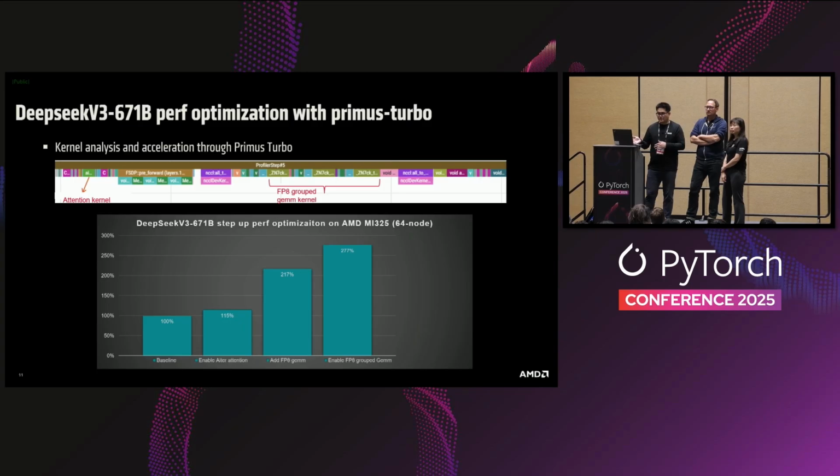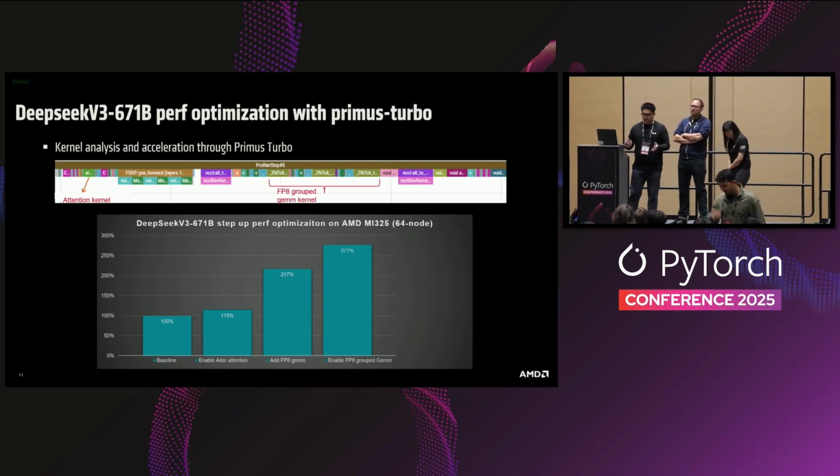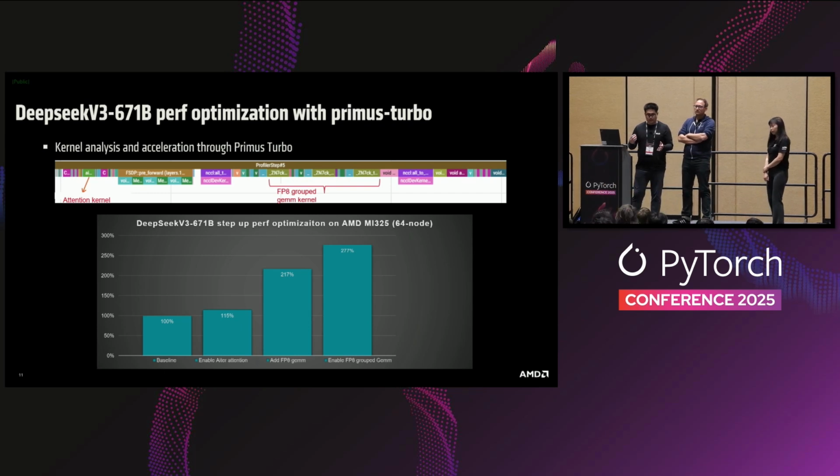For example, we just mentioned DP and EP, which is very helpful if we want to scale from 1,000 to 10K or even larger clusters. Also, for the pipeline parallel strategy, we can optimize the pipeline to make sure that once we scale up, we have a smaller time for cross-node communication or something like that.